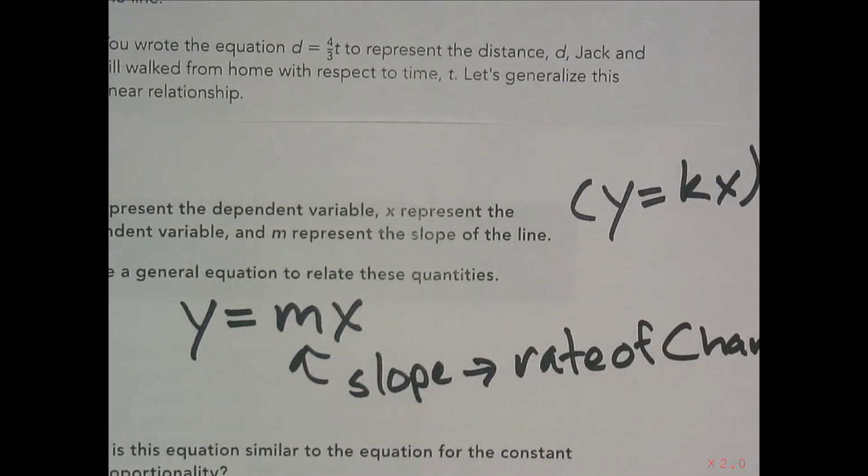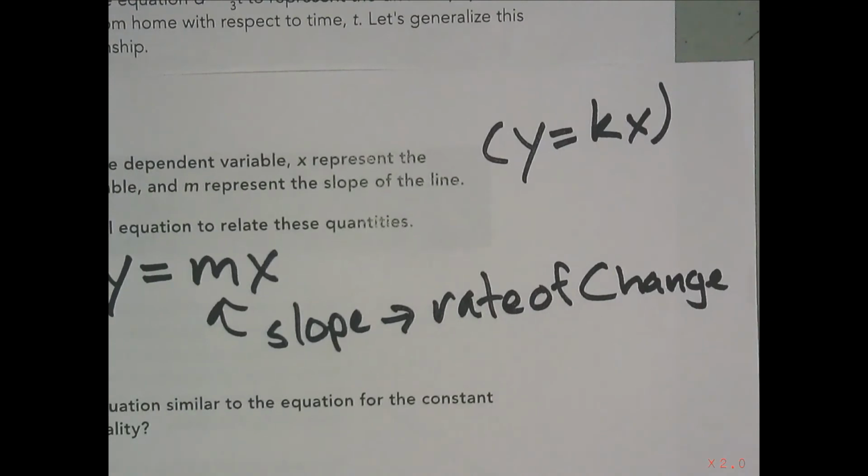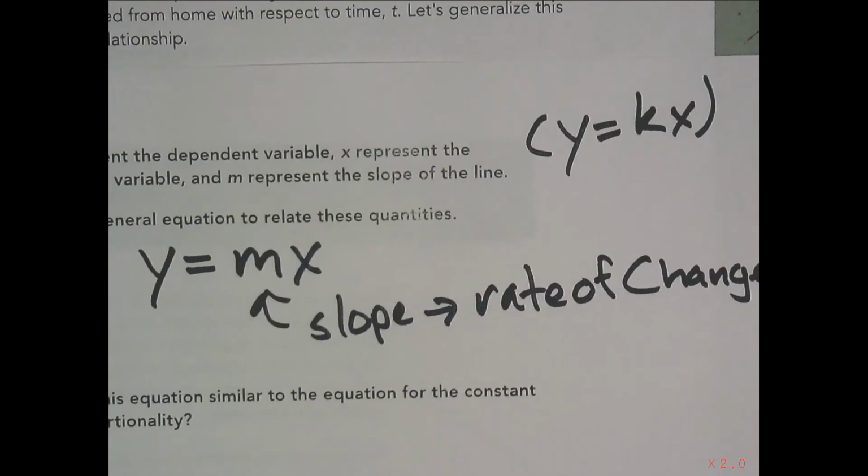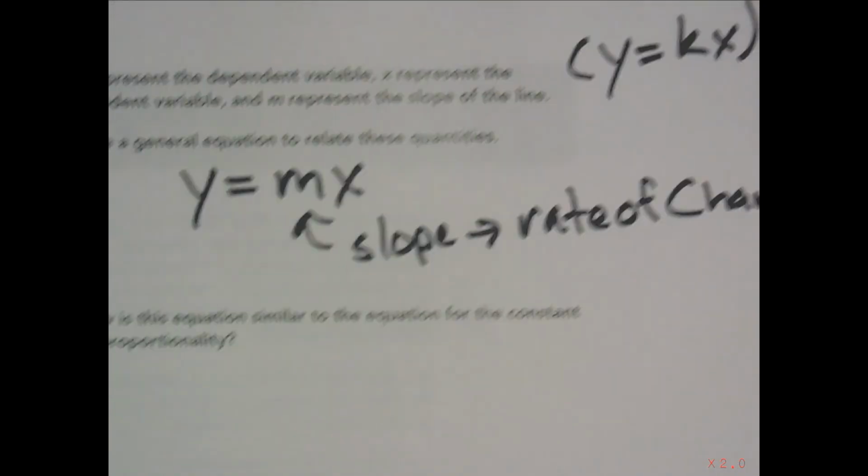Now, if you ever go forward and you take calculus, calculus is all about the rate of change. It's about the instantaneous rate of change. That's all it's about. So slope is very important. How things change, when we measure things, they change over time. Sometimes it's constant, sometimes it's not.